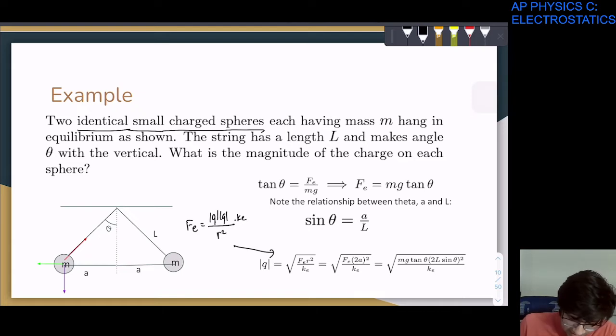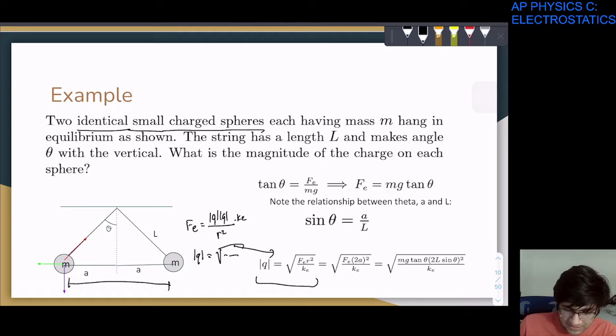So we can just say that Q is equal to the square root of this here, and when we substitute it in, we solve for Fe, and we know what R squared is. R squared is this distance of separation, which is just 2 times A, and we end up getting this expression as the magnitude of the charge on each sphere.